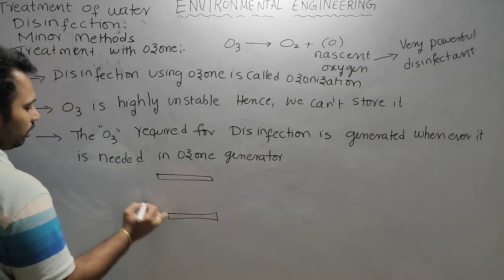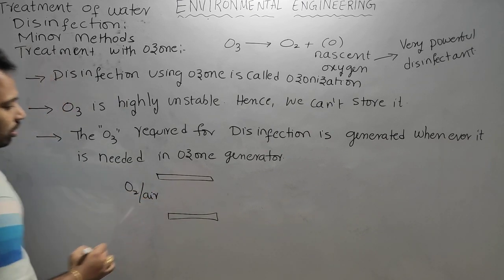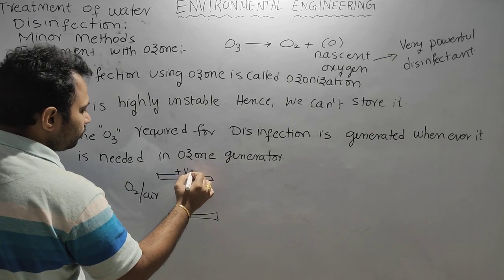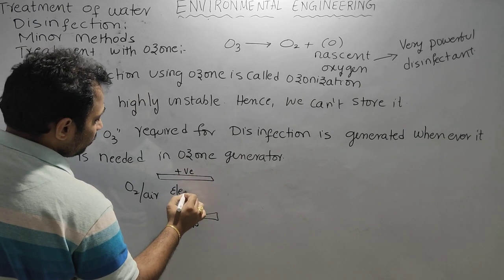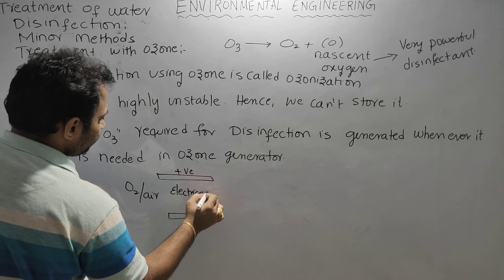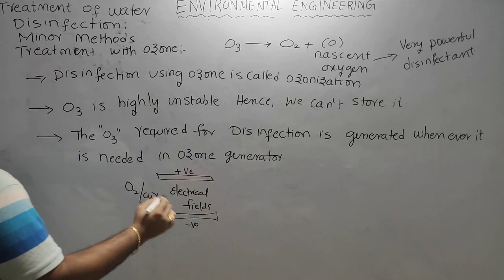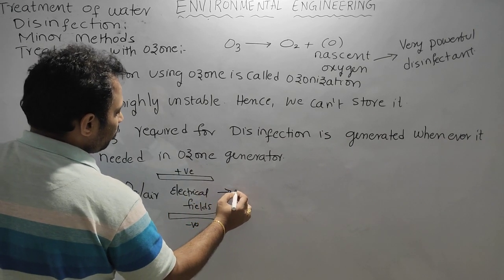We pass the O2 and air through an electrical field, and this O2 and air combine and give an output of O3.